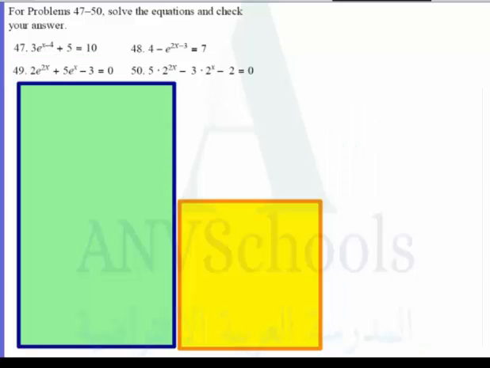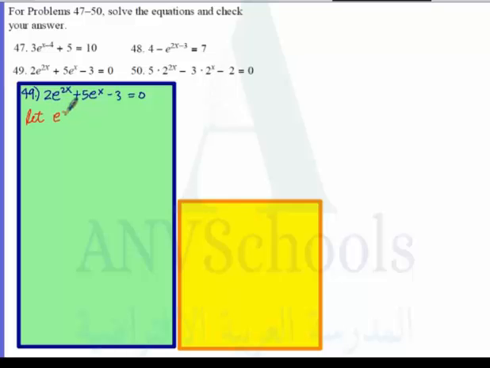Now let's go to number 49. Our number 49 is 2e^(2x) plus 5e^x minus 3 is equal to 0. Now this is the same case as a while ago when we tried to get the value of x based on a certain given power function for e. So what did we do a while ago?